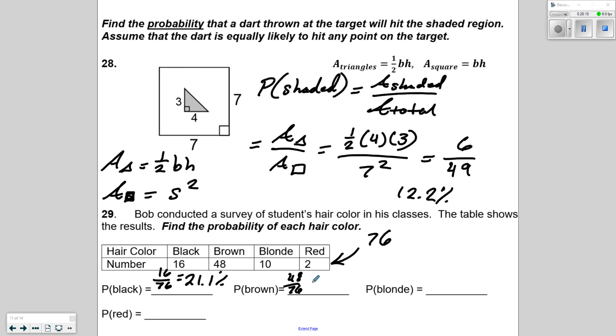And if we do that, we get 63.2%. The probability someone has blonde hair is going to be 10 out of 76, 13.2%. And then the probability that someone from this survey has red hair, that's 2 out of 76, which is 2.6%.